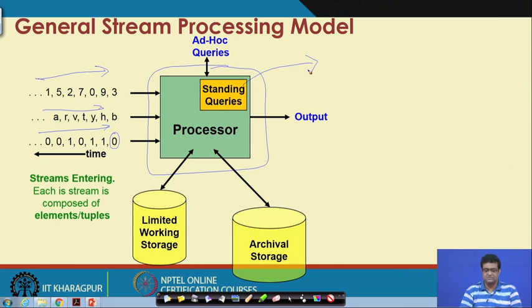The other set of queries is the ad hoc queries. Ad hoc queries are queries which are asked on the fly.